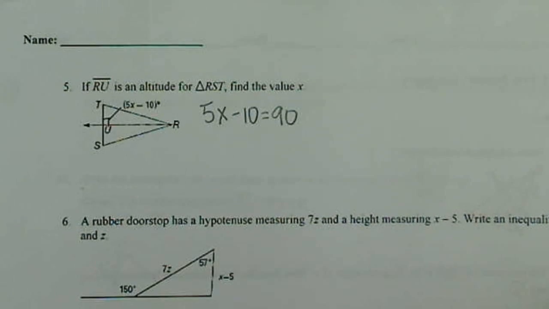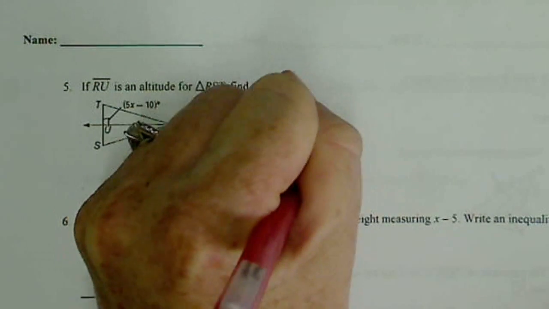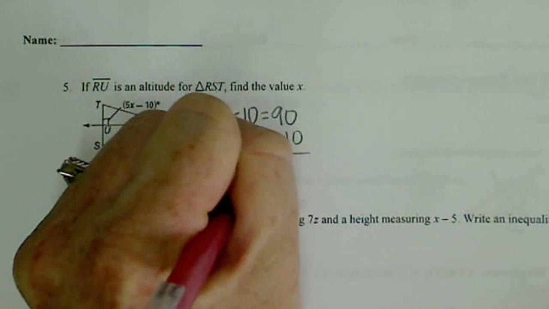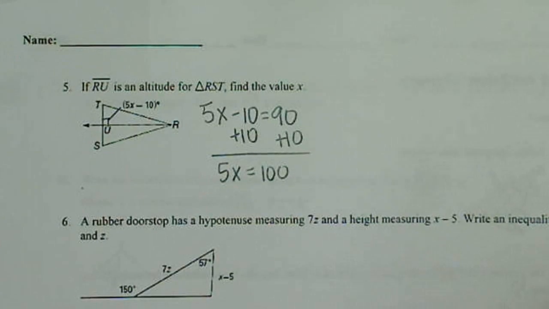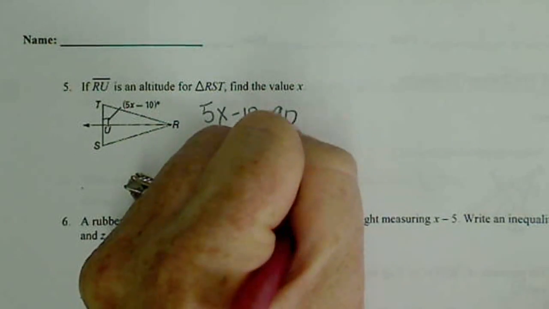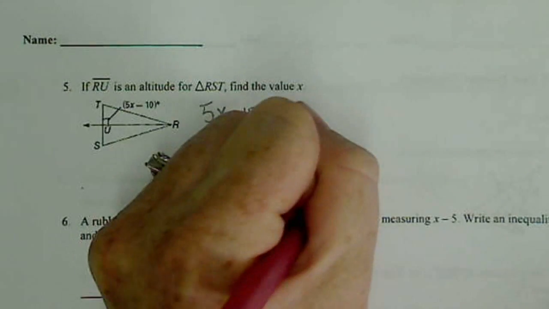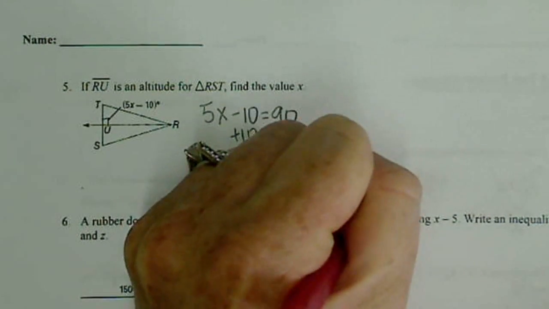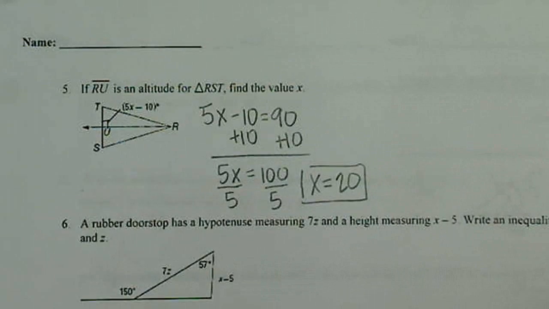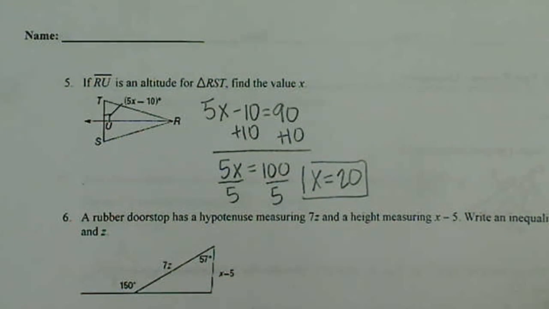Let's go ahead and solve for X. Add 10. Divide by 5. And X equals 20. Is that what I needed to find? Yep, that's all I needed to find.